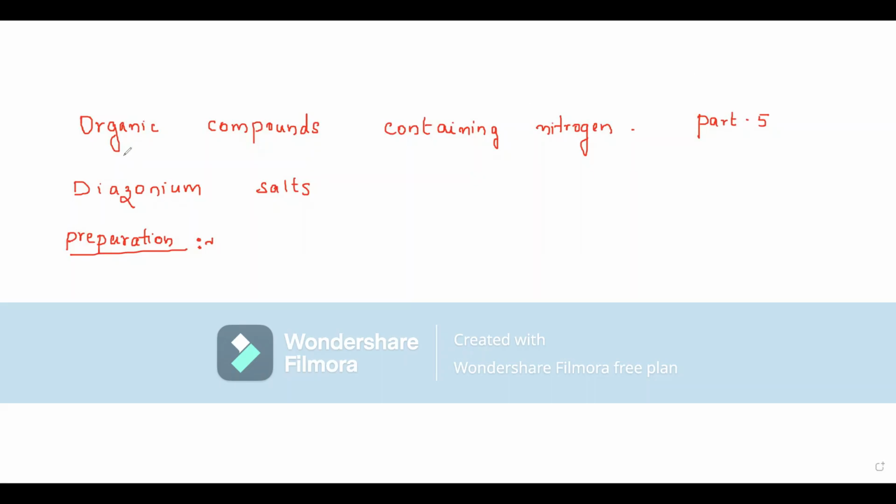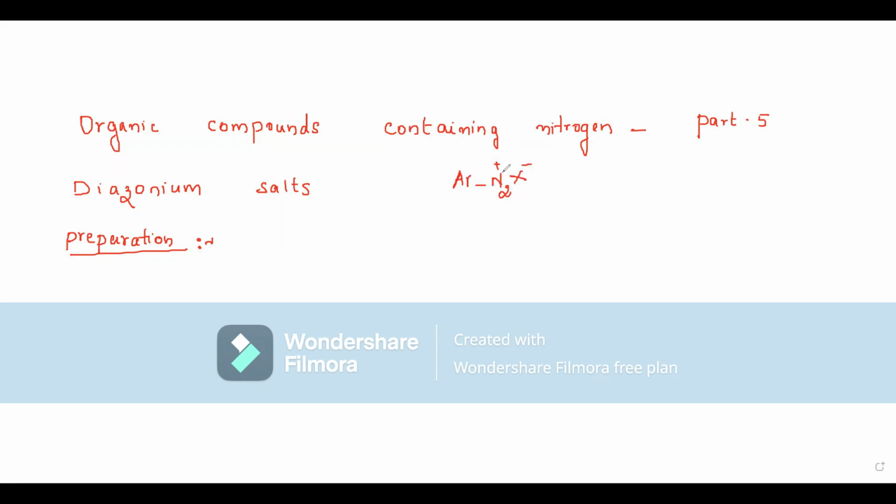Today we are going to discuss organic compounds containing nitrogen, part 5, the last part, which includes the preparation and properties of diazonium salts. Diazonium salts are salts which contain an aromatic ring, the benzene ring, with N2+ and X-.